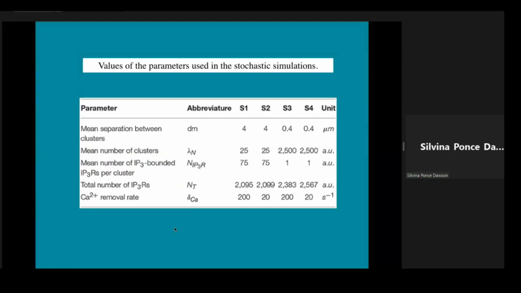I'm not going to go into a lot of detail, but basically we did two types of simulations: one with a large distance between clusters, which we were trying to mimic the oocyte, and then other simulations with shorter distances between clusters that we thought were related to the egg, where everything seemed more uniform. And then we tried different rates of calcium removal, larger or smaller.